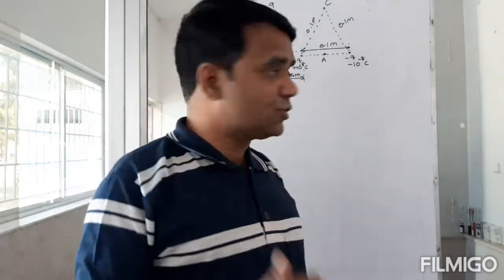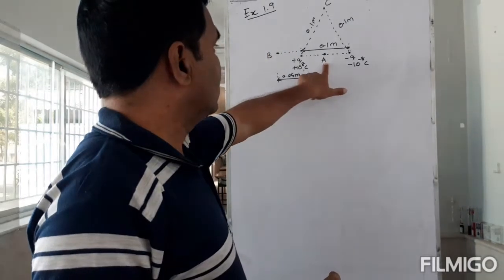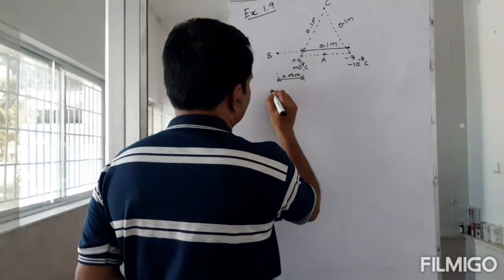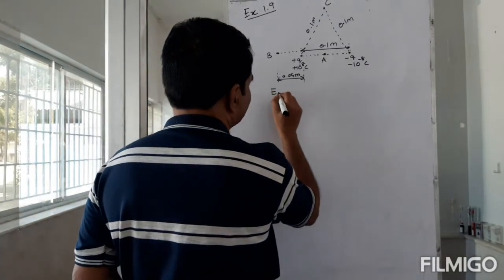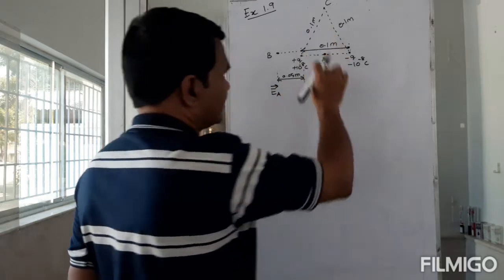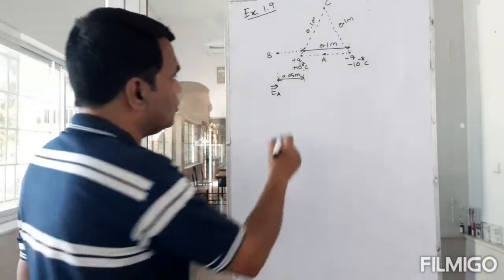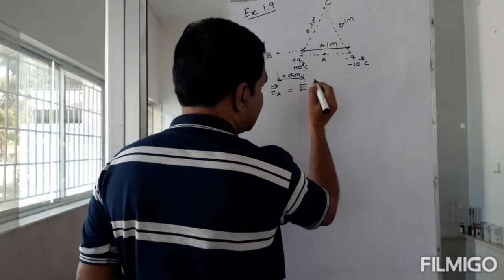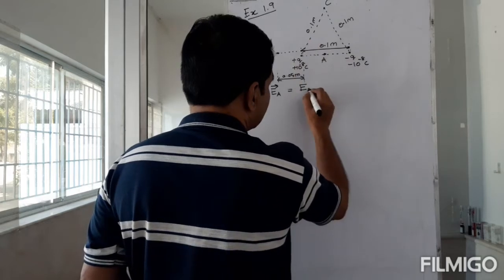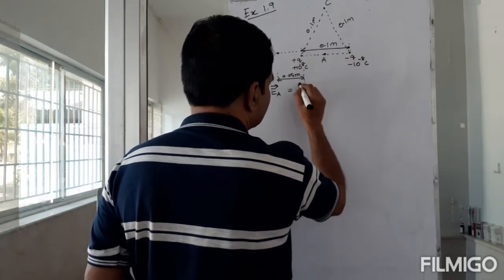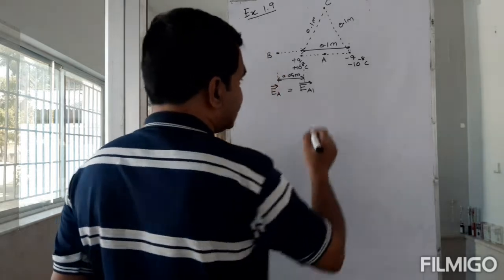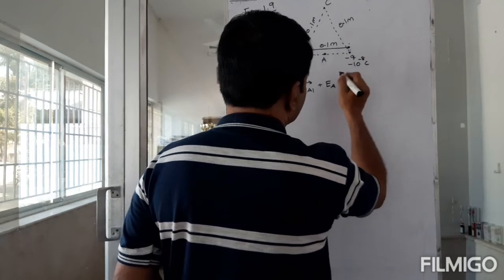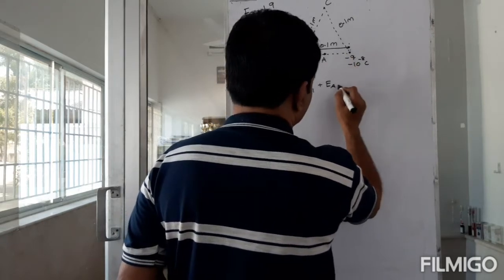Okay, let's try to do the influence at point A. I call that EA. It's a vector EA. That's the net field at point A. And we know that this is equal to the influence at A due to 1, that's a vector, plus the influence at A due to negative charge 2.